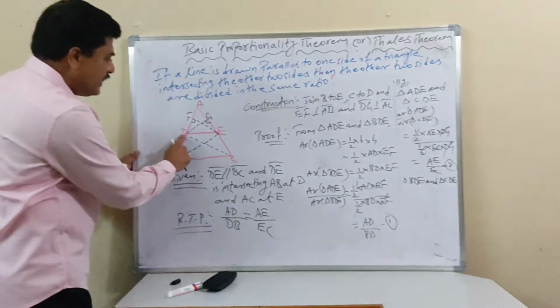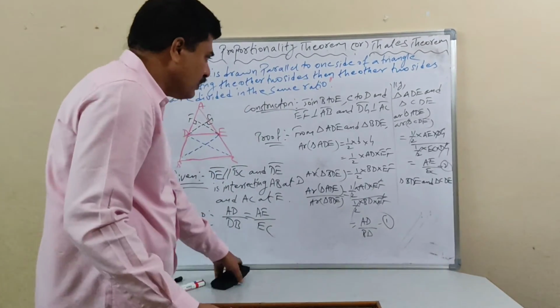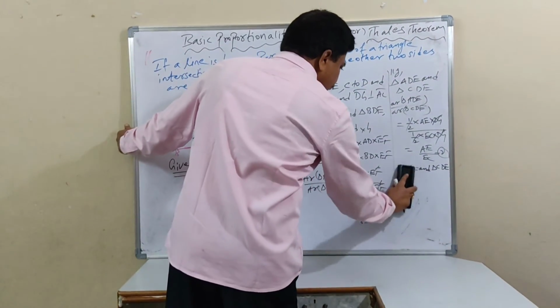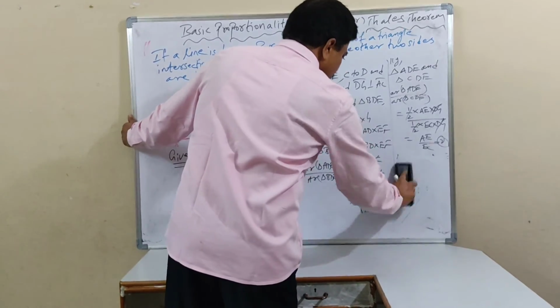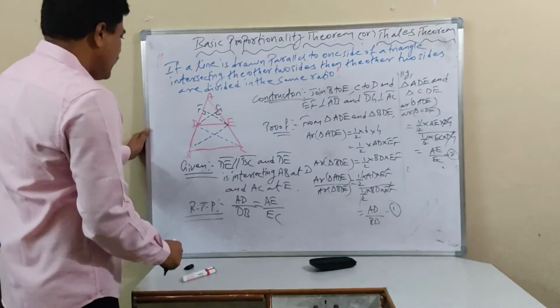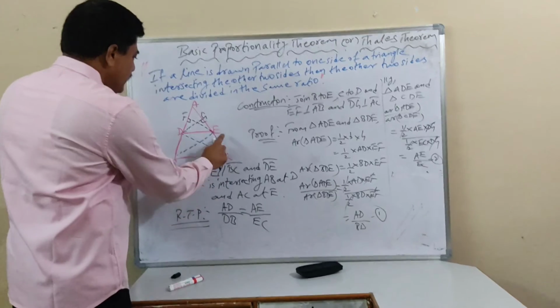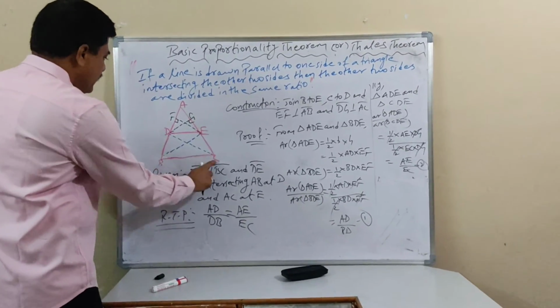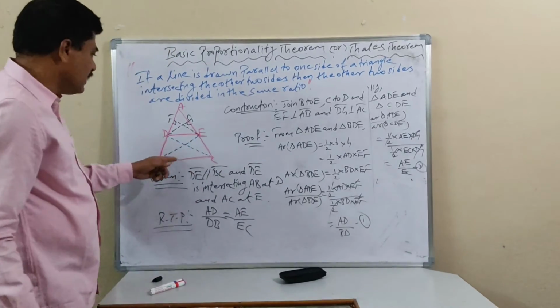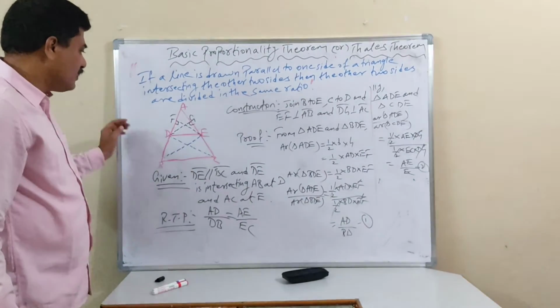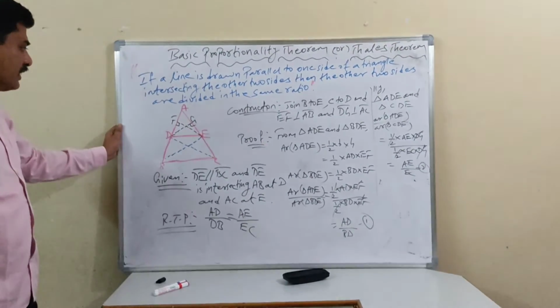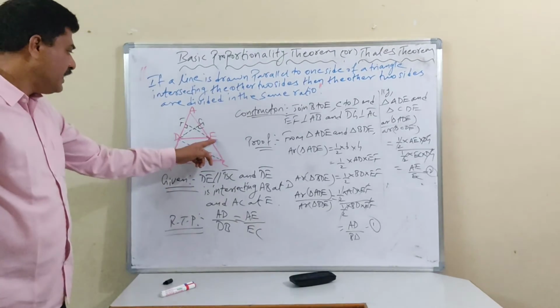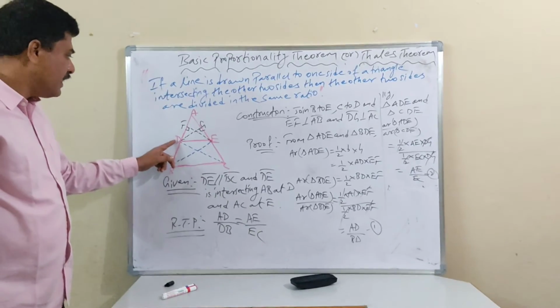BCD and DCE, here two triangles I am taking, students. Two triangles we will compare here. What are they? Triangle DCE and also triangle BCD. These two triangles lie on the same base. So what can we name these triangles?